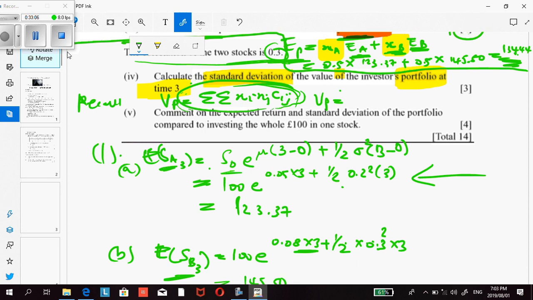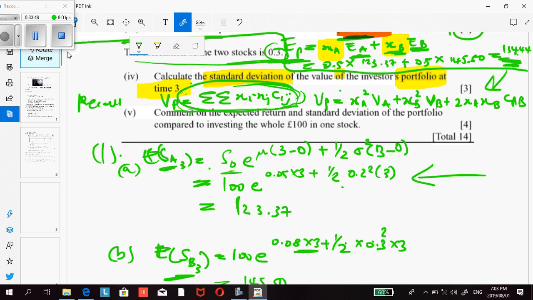Your variance of your portfolio will be the proportion invested in A squared multiplied by the variance of A, plus the proportion invested in B squared multiplied by the variance of B, plus 2 times the proportion invested in stock A times the proportion invested in stock B times the covariance of A and B. When we do portfolio theory exam revision, I'm going to show you how to derive the variance of a portfolio for n, or 3, or 4, or 5 stocks.